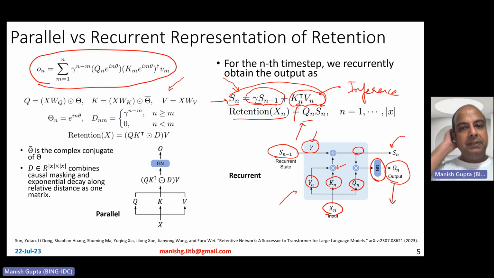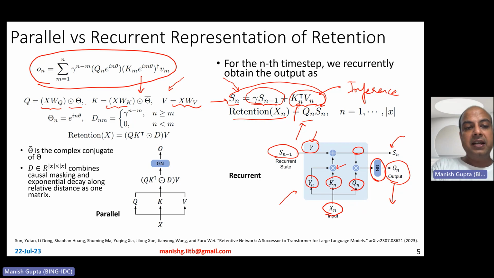But at train time, what happens is the parallel formulation, where the idea is to implement this in matrix form. You take X and get Q, take X and get K, and take X and get V. But in this case, Q, K and V are a little different from standard transformers. V is similar, but Q and K are different.